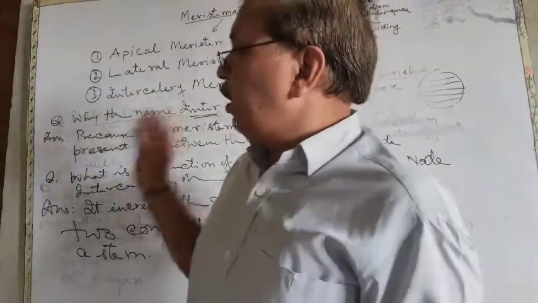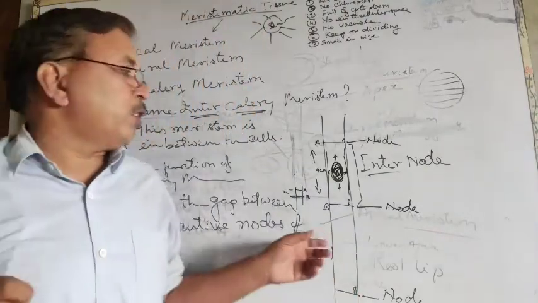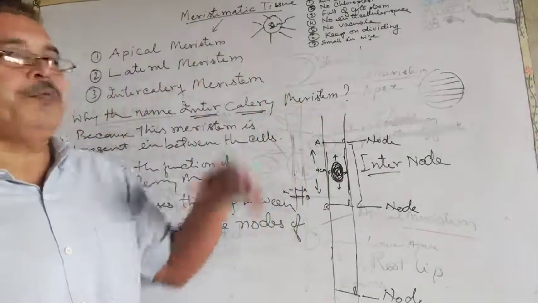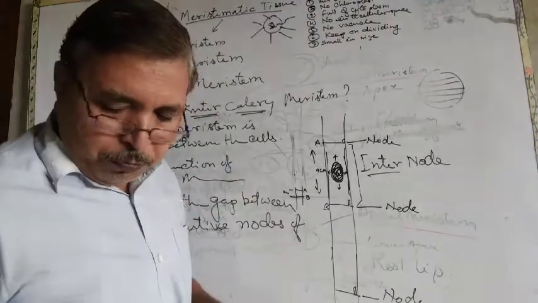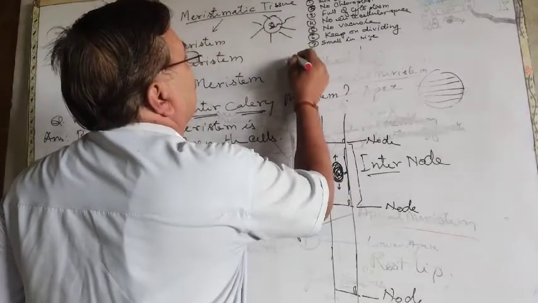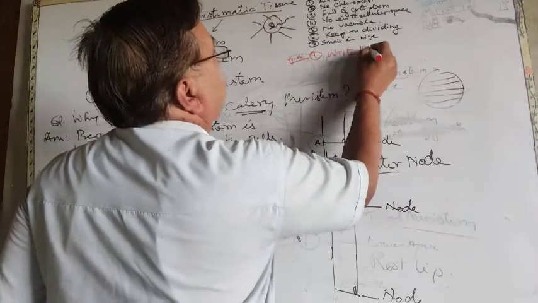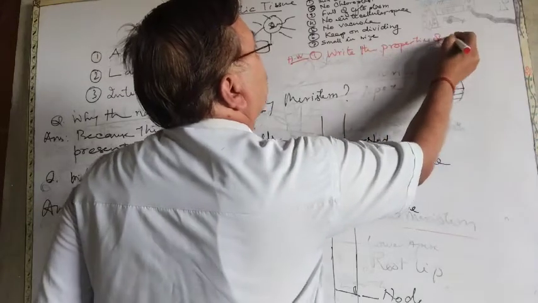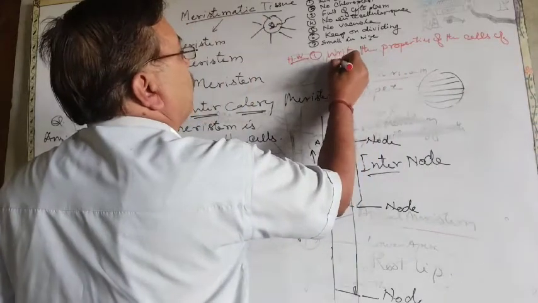And here you may have some important questions that you can write in your copy. So questions you can note down. This is homework for you. First question is, write the properties of the cells of meristematic tissue.